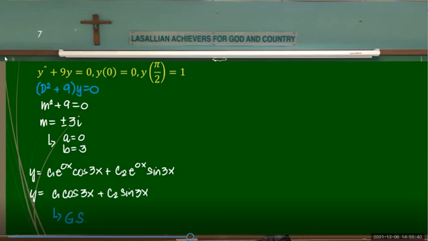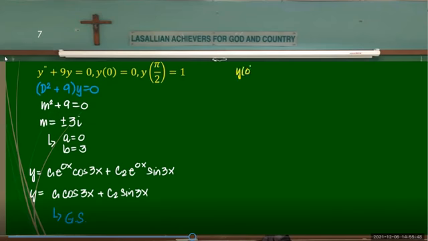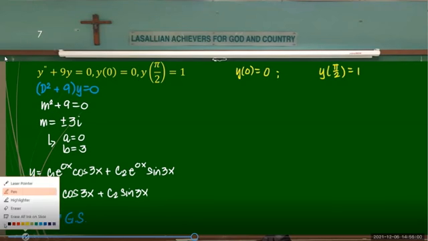However, you notice on top here that you're given boundary or initial conditions. So using condition number 1, wherein when x is 0, y is 0. And then when x is pi over 2, y is equal to 1. So let's substitute those.